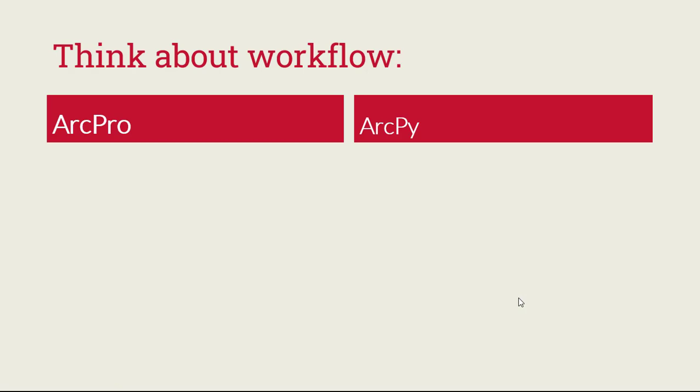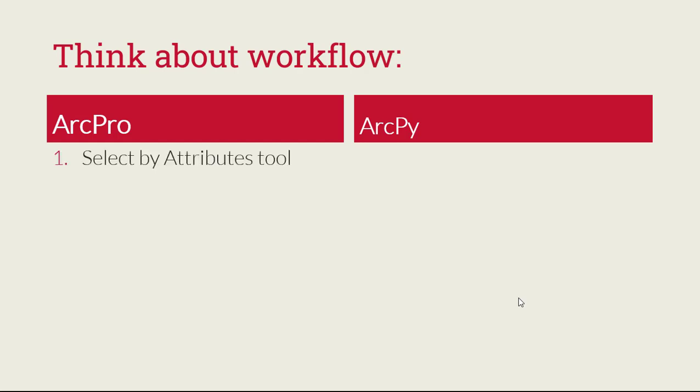Okay, so while the scripting and coding of all of this may be new to you, what I want you to think about is that the workflow of doing this is not different. This is the same workflow that your geoprocessing tasks take all the time. So let's walk through this because every GIS project is going to have a workflow. For a basic attribute selection in ArcGIS Pro, you would do the following.